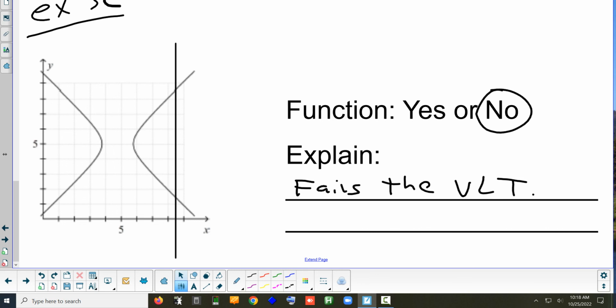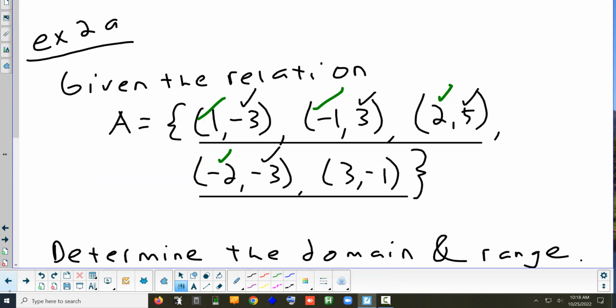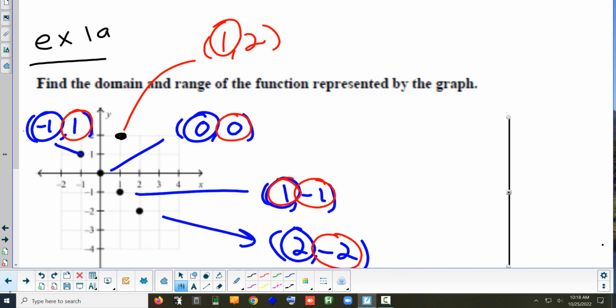Okay. So there's a little bit of a difference when we look at a graph that has dots versus when the dots are connected. When it's just dots, like on this, there were 4 dots.